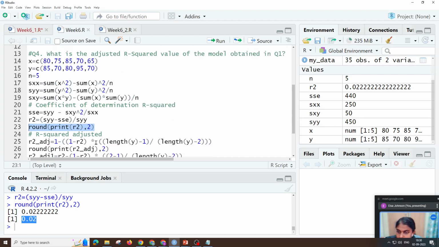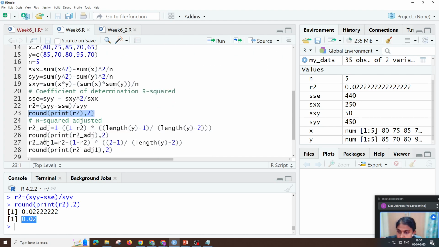And then there are many ways of calculating adjusted R square. You have seen one method in your lectures, and I'm now giving another method when you have the R square value. It's 1 minus (1 minus r2) into (length of y minus 1) by (length of y minus 2).